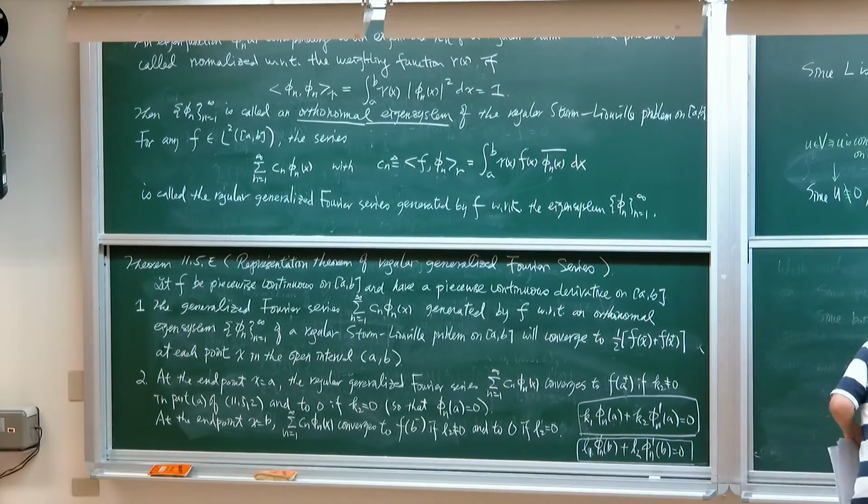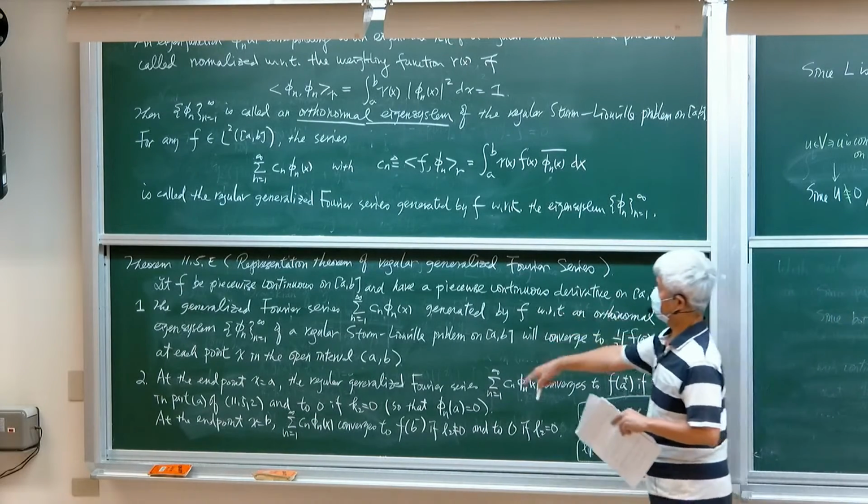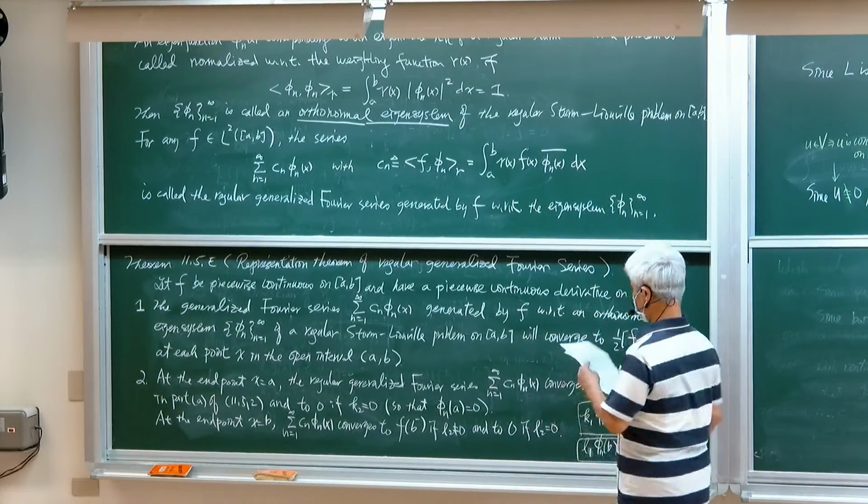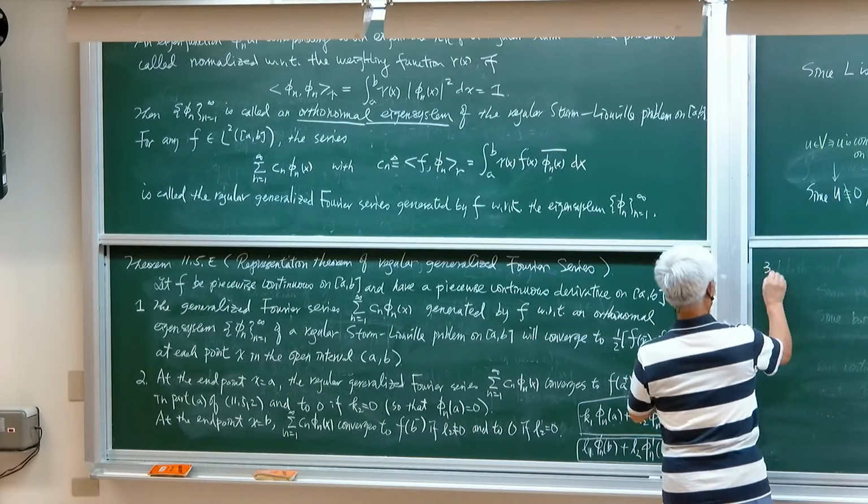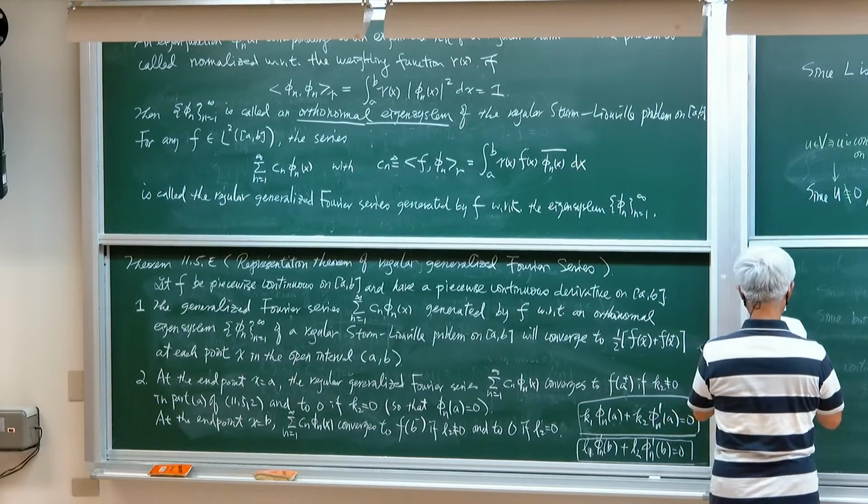Now, the first two are about pointwise convergence of the generalized Fourier series. How about uniform convergence?